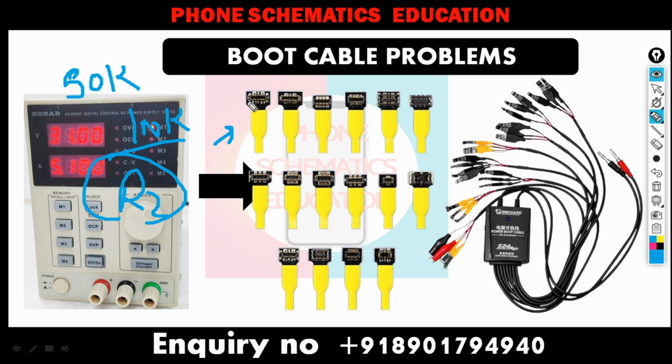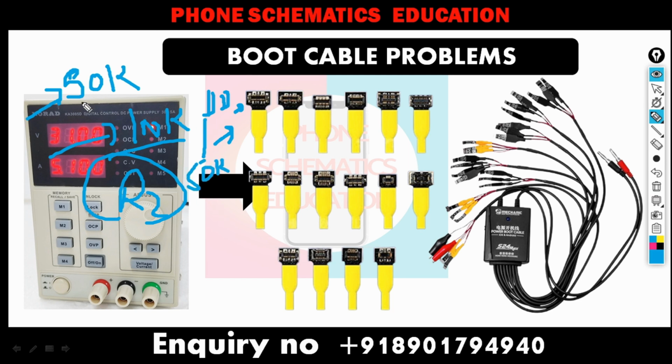Let's go again. There are two resistances on the backside of this strip, right? One for the ID, one for the thermal. Suppose in one company there are two models: in one model you get a 50K resistance, and in another the company uses 100K. So there is a difference. Now in the boot cable, you use 50K.